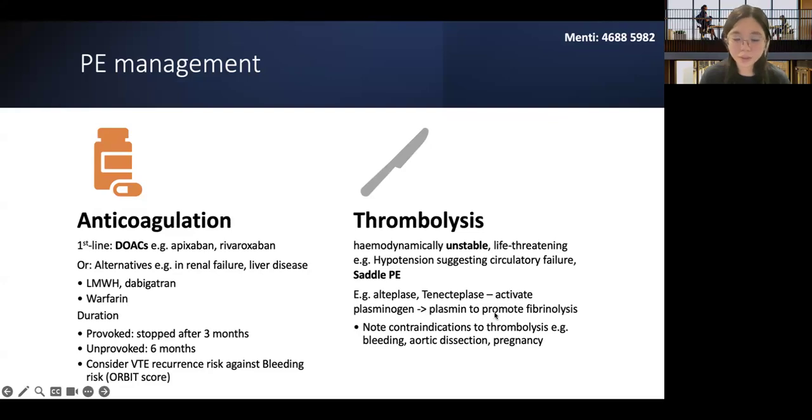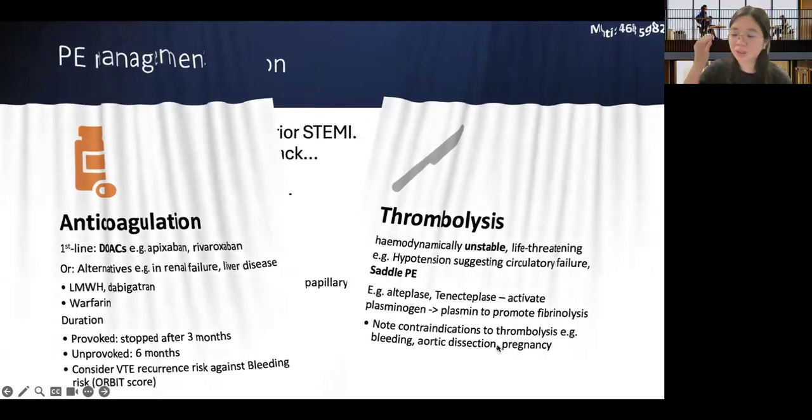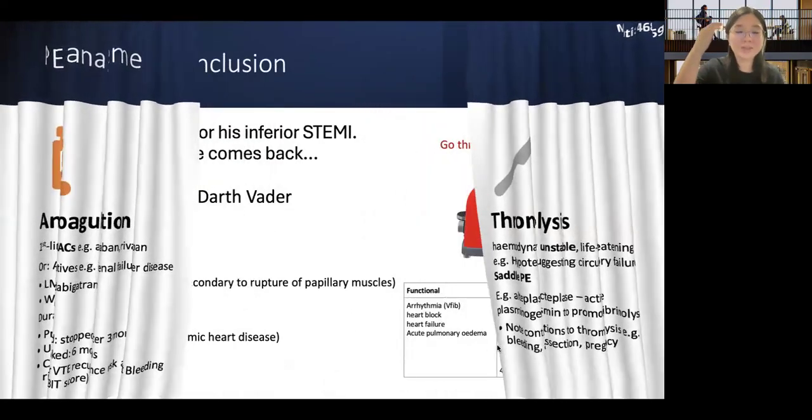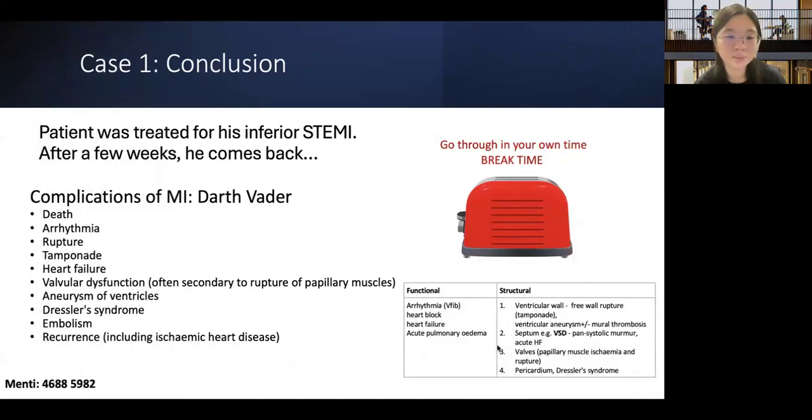If you have a high risk of bleeding, or you're pregnant, or you have an aortic dissection, it does not make sense to do this so quickly, and it could put the patient in danger. Just remember these factors, but obviously you won't be expected to know what to do at the F1 level.